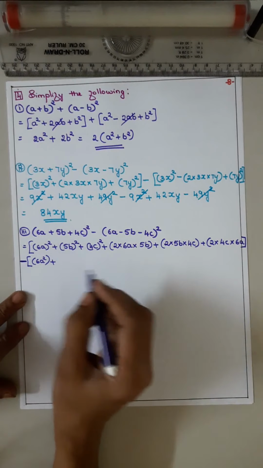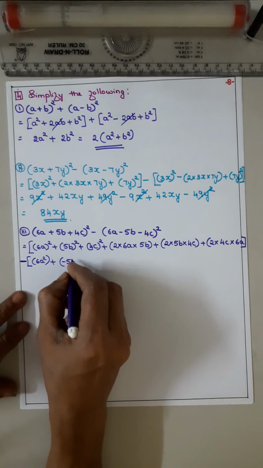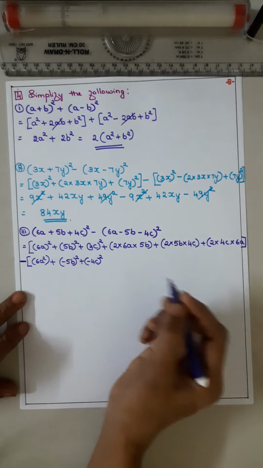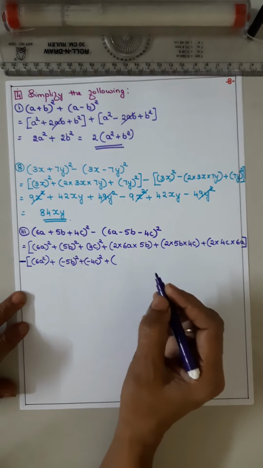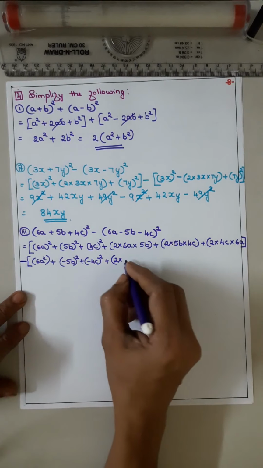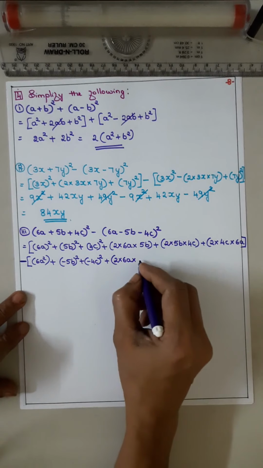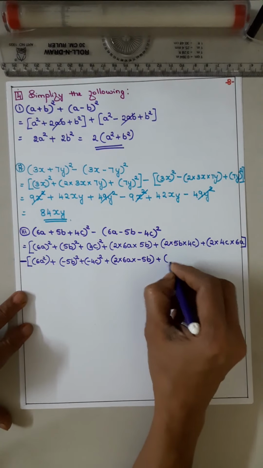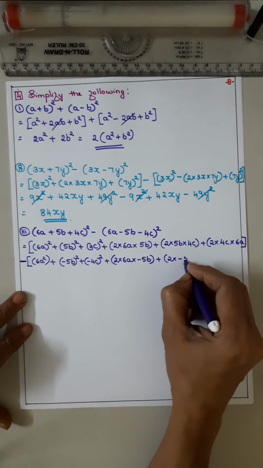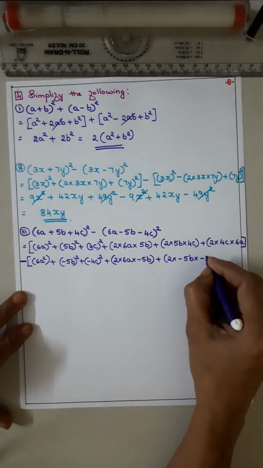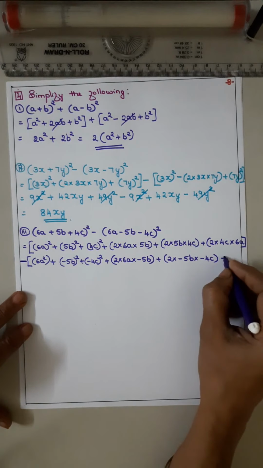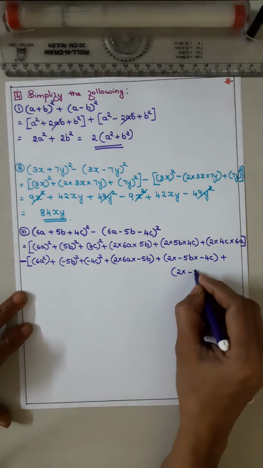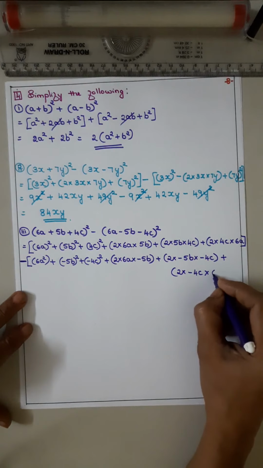(6a)², b², minus (5b)², c², minus (4c)², plus 2ab. 2 into a is 6a, b is minus 5b, plus 2bc. 2 into b is minus 5b, c is minus 4c, plus now 2ca. c is minus 4c, a is 6a.